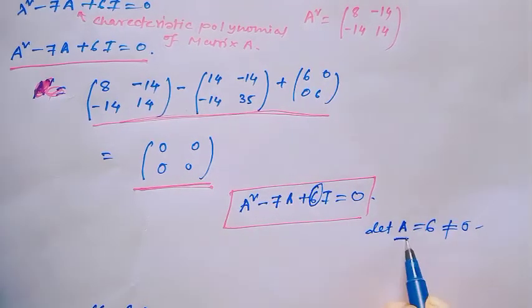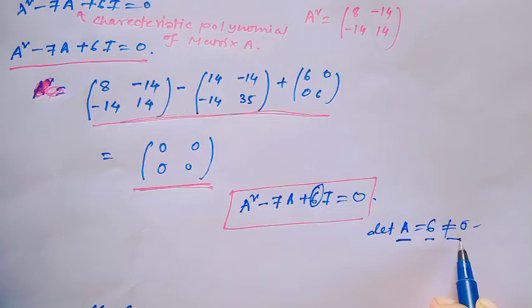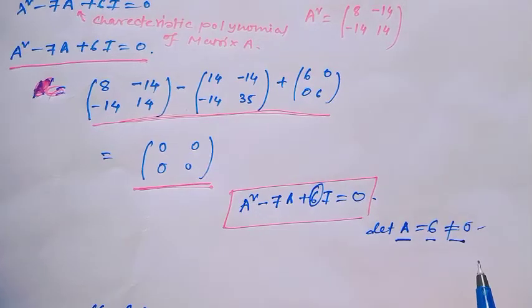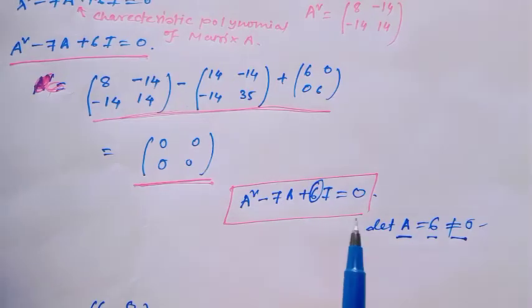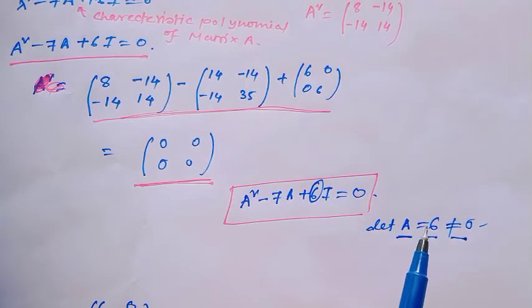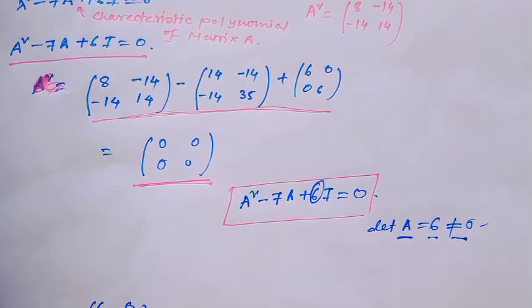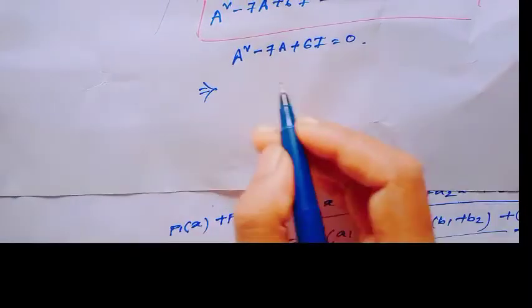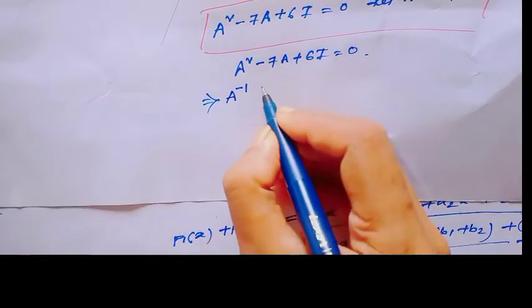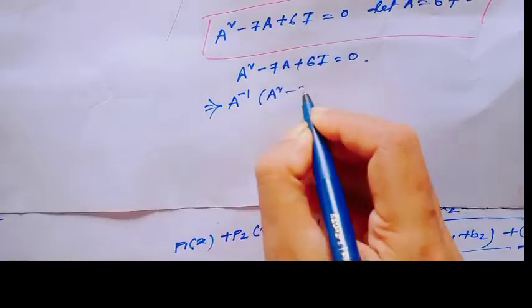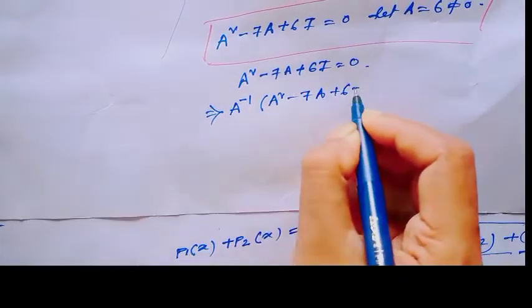Since for this matrix the determinant of A is 6, which is not equal to 0, obviously the inverse of this matrix exists, and by this equation we can easily find the inverse. It is very easy. Just multiply the equation on both sides by A inverse: A inverse times A square minus 7A plus 6I.